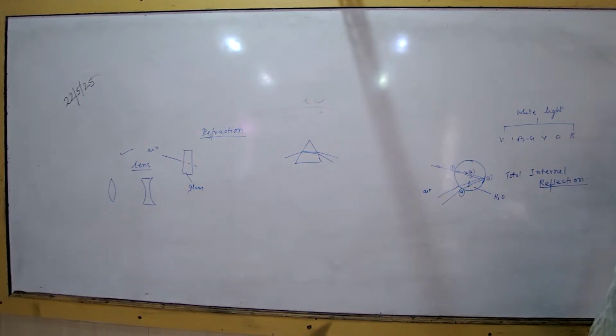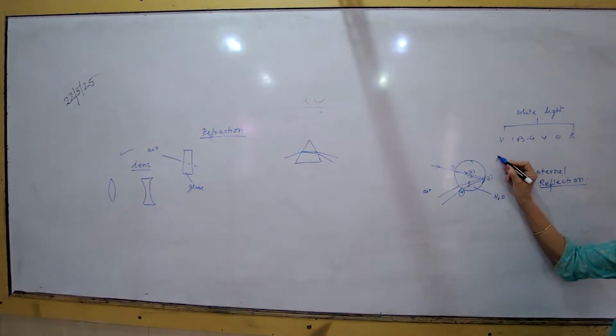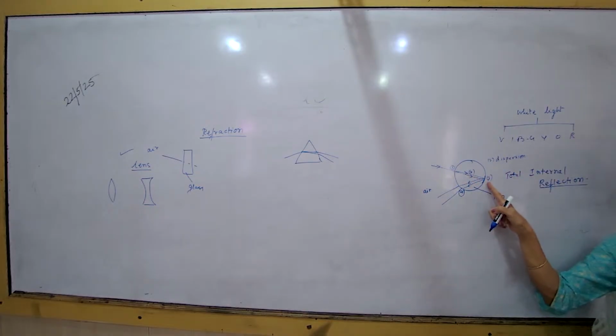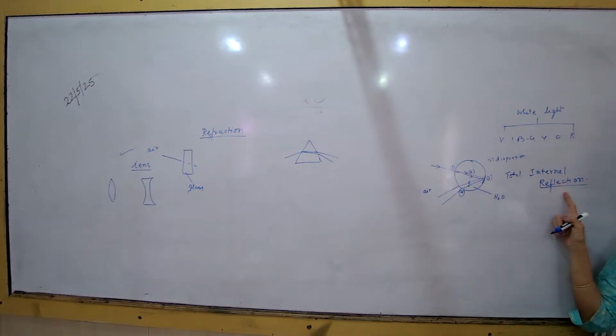So what is that phenomenon called? Dispersion. This is nothing but dispersion. So what's happening at point number 3? Total internal reflection. Why are we calling it total internal reflection?